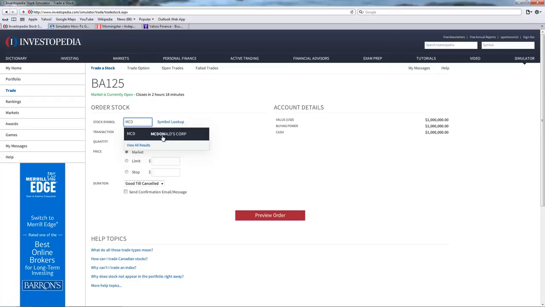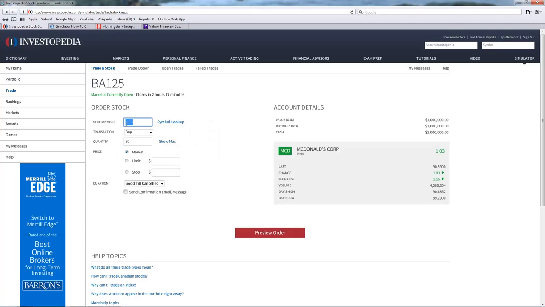On the right is the company name. Now the search query is finding this, even if I do McDonald, it'll pop up here in this little box right below it. You want to make sure you do the symbol MCD. If you do it properly, it should populate over here on the right.